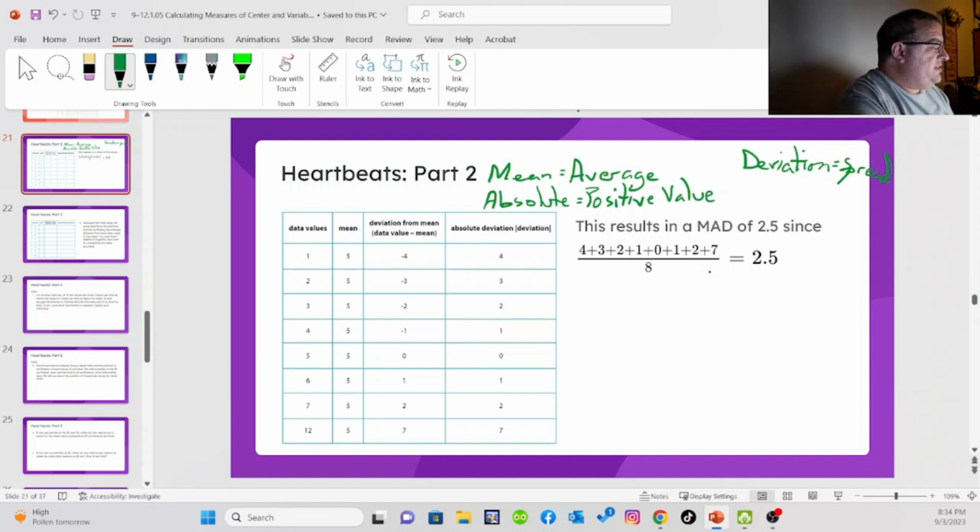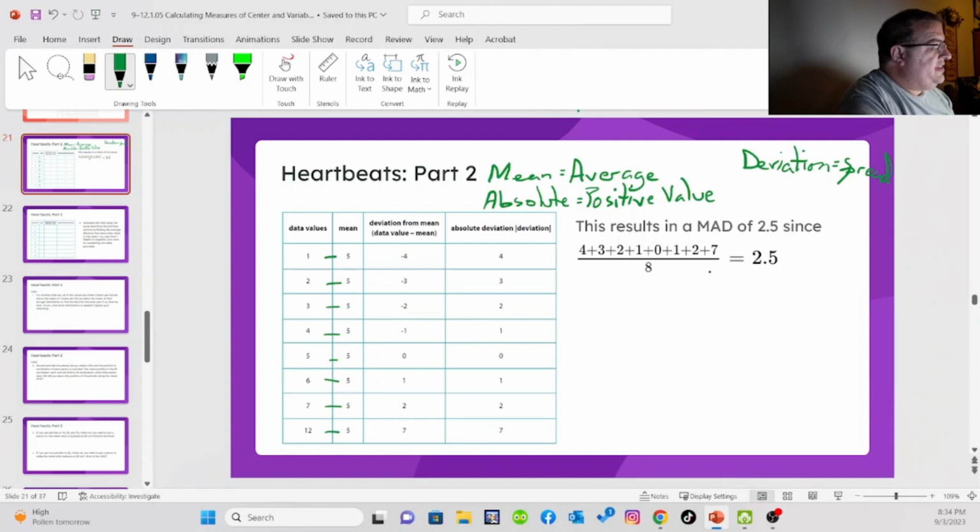If you notice, they give you a table of values. These in the first column are the actual data values in our data set. The second column is our mean. So we expect this to be the same all the way down because we only have one mean value. What they're doing is they're subtracting 1 minus 5, 2 minus 5, 3 minus 5, and so on.